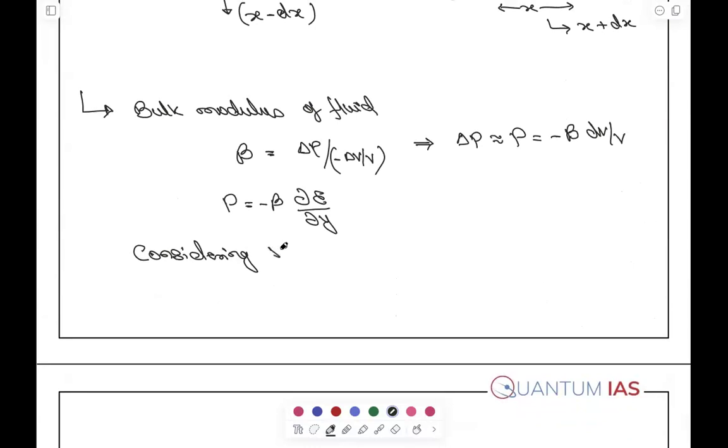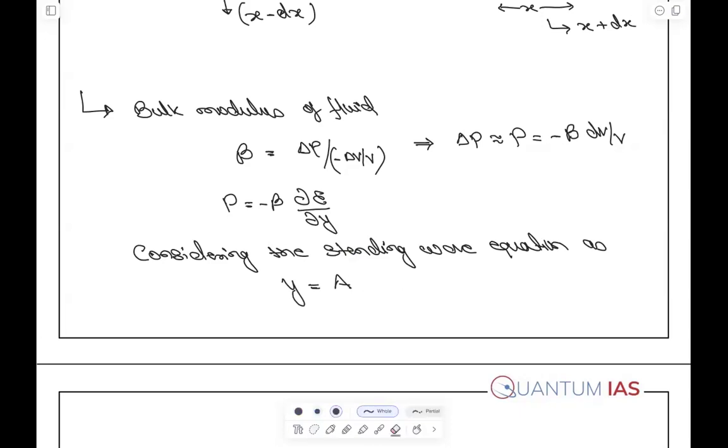Considering the standing wave equation, y is equal to a sin kx, sorry, a cos kx sin omega t. This is the 2a sin kx cos kx sin omega t that we took. Now tell me, what will we write for this?